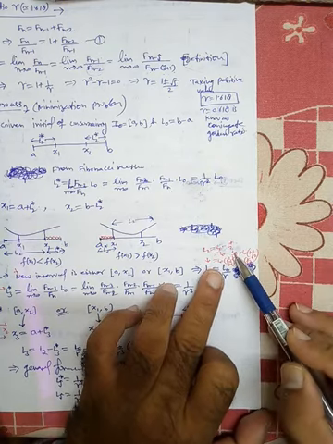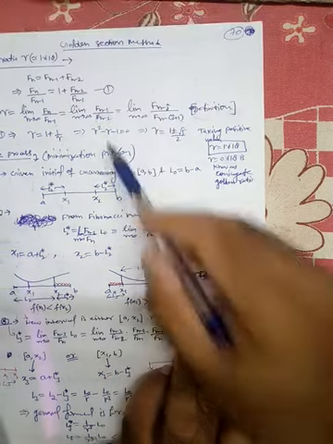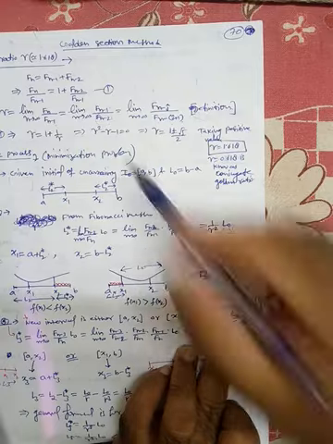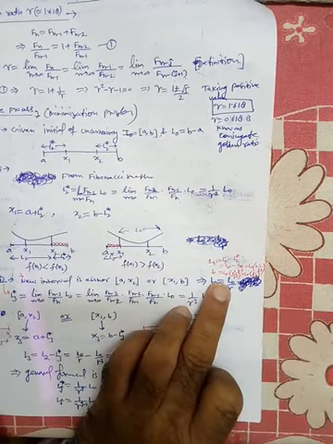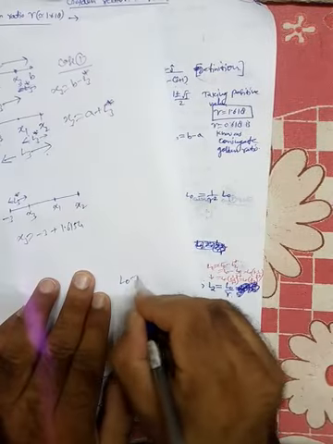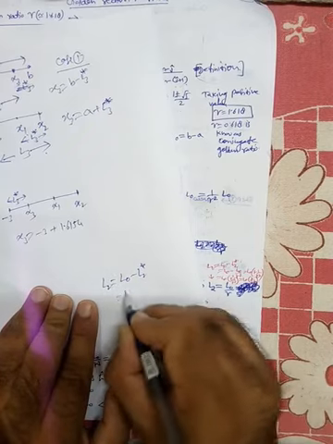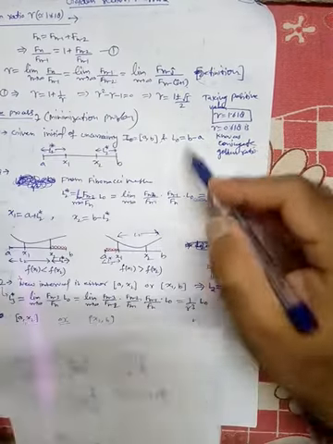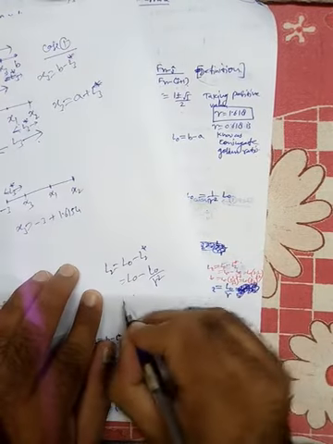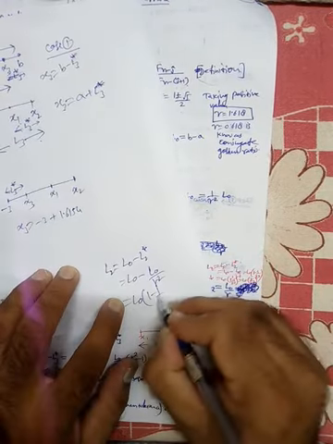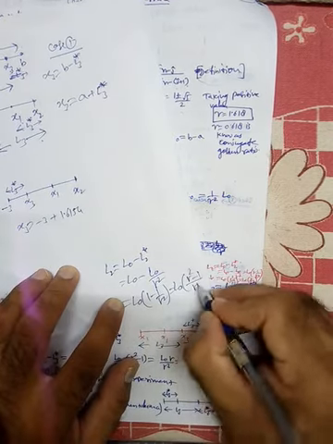When you take L naught common, L naught times 1 minus 1 upon gamma square, which is L naught times gamma square minus 1 by gamma square.